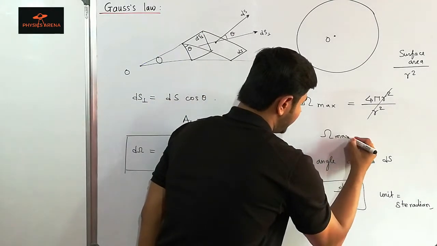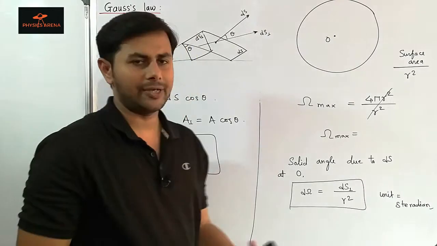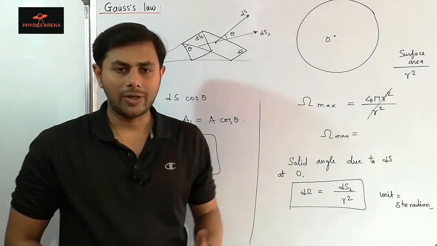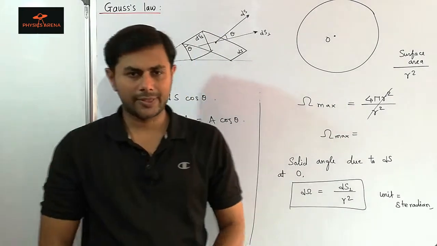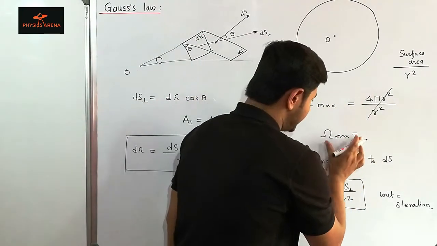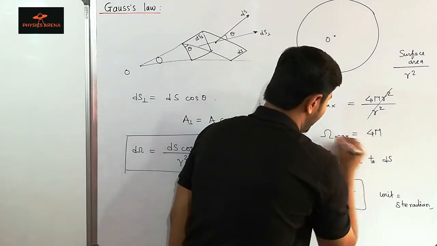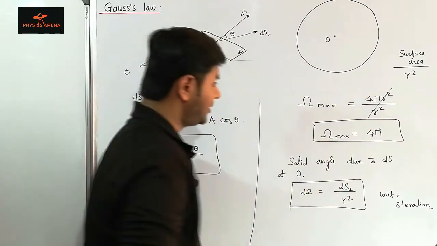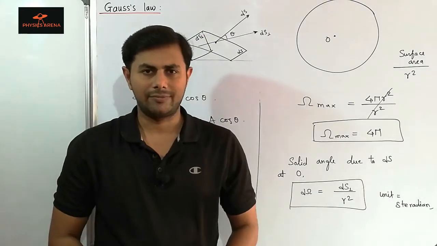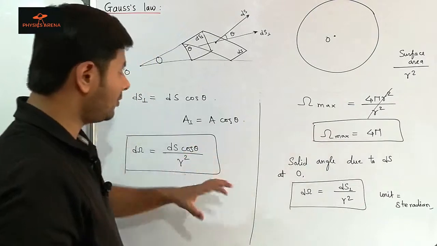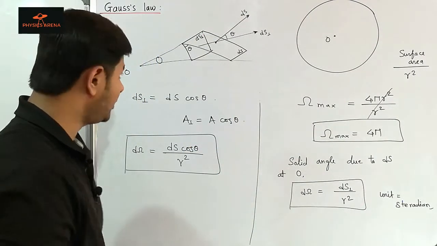So omega max, the solid angle subtended by a closed surface, no matter what closed surface, any closed surface will subtend the solid angle omega max equal to 4 pi at a point in its interior region. And how can we find that total solid angle?